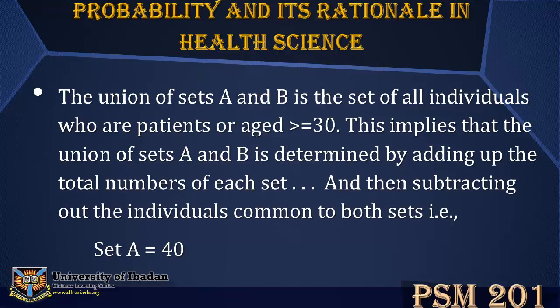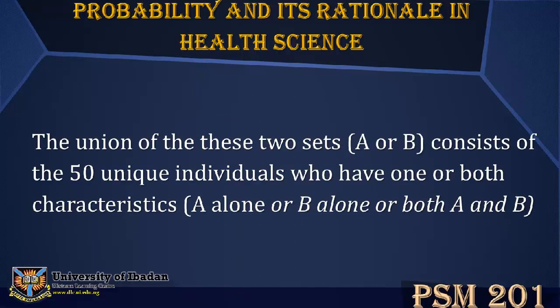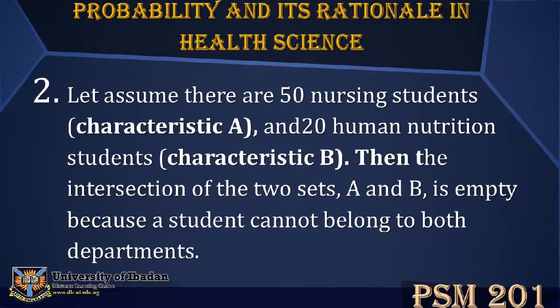That is, set A equals 40 plus set B equals 30, total is equal to 70, common is equal to 20, union is equal to 50 unique individuals. The union of these two sets, A or B, consists of the 50 unique individuals who have one or both characteristics: A alone, or B alone, or both A and B.